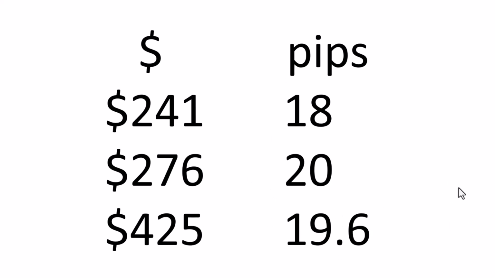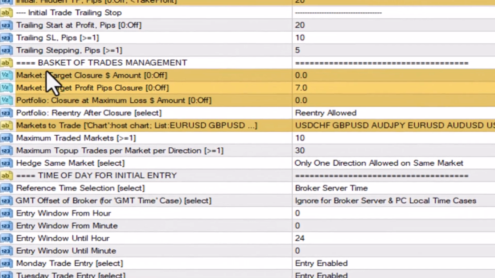So I think from the small sample that we've done, and I could do another one just to confirm this, it looks like the dollar was not used, but pips were used, and the pip setting is 20. Now, just to remind you, the market target closure was probably not used, so that was most probably 0, and the pip setting was 20.